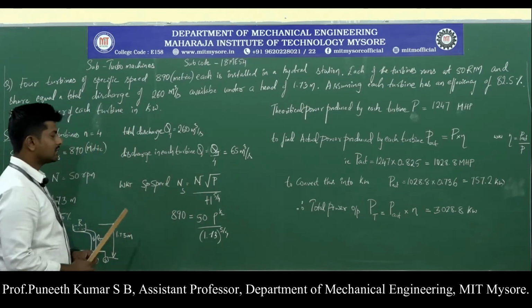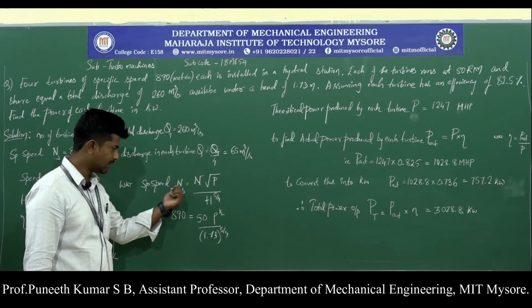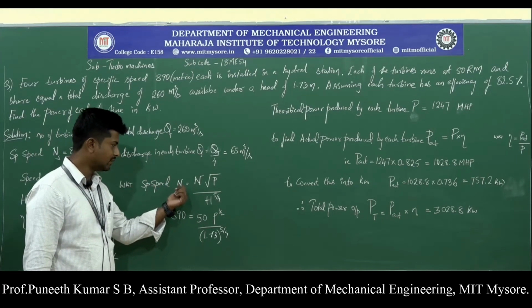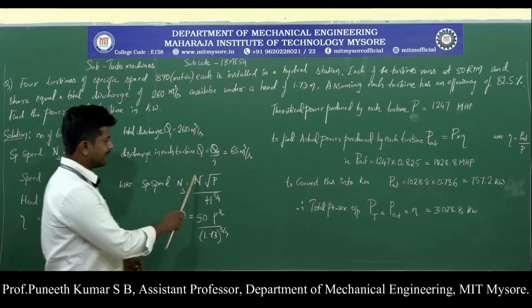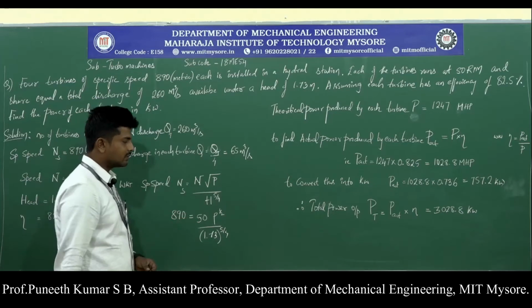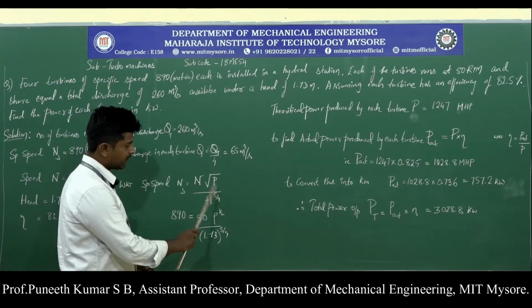Now, we know that specific speed of a turbine is represented by the notation Ns is equal to N into under root P divided by H to the power 5 by 4.